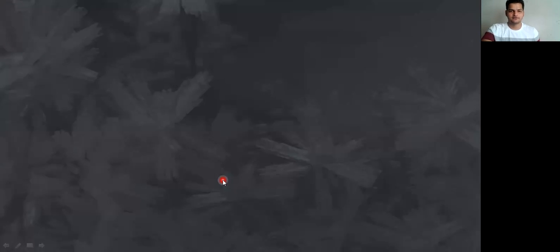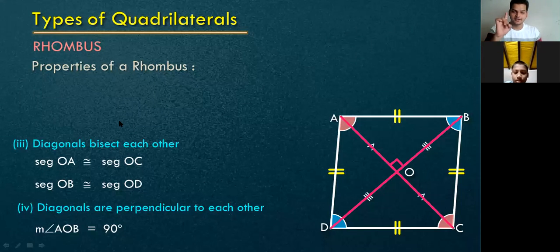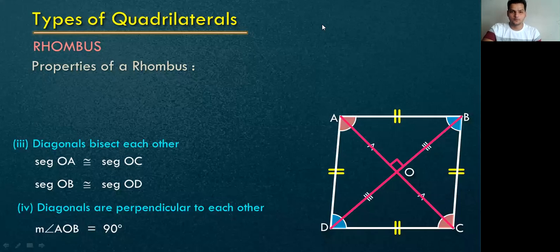All right, fine. So, how many properties of rhombus we have studied right now? Property number one, all sides are congruent to each other. Property number two, the diagonals bisect the opposite angles of a rhombus.